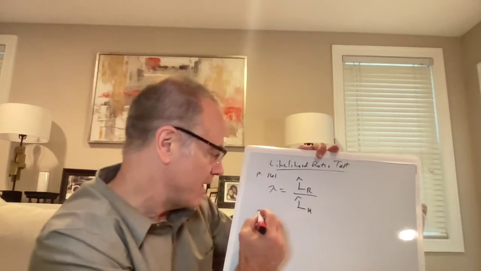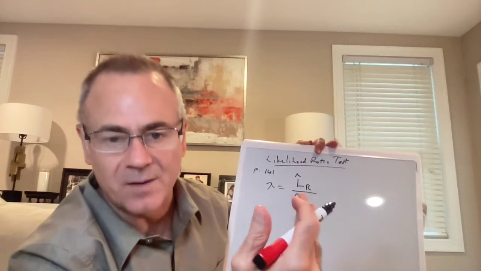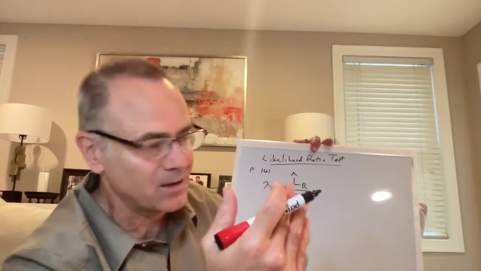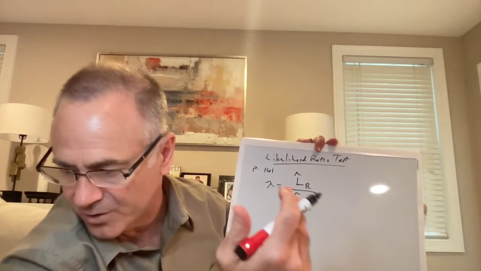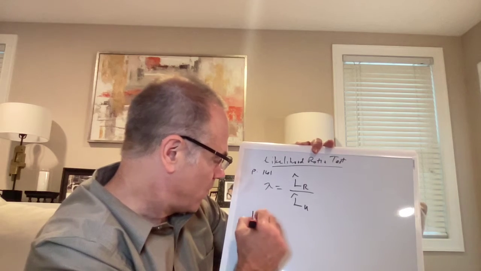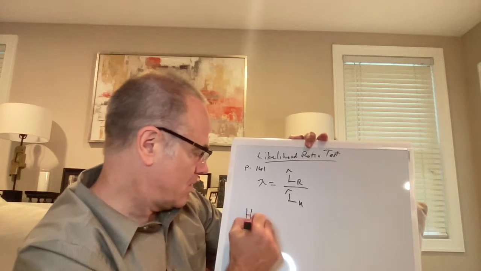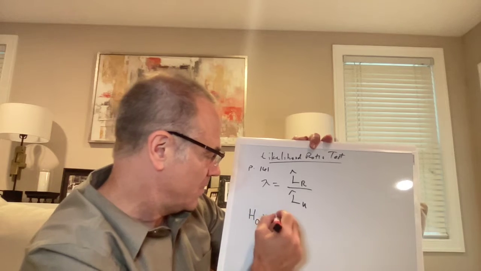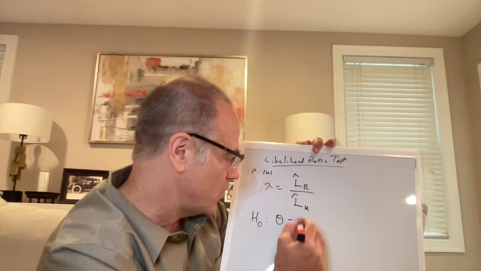Here's an example. In our toy example, where we have the probability that the country is going to select the largest party as formateur, one thing we might do is form a null hypothesis. I often call it H sub 0. H sub 0 might be that theta equals 0.15.